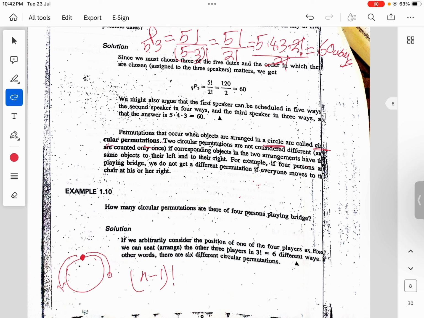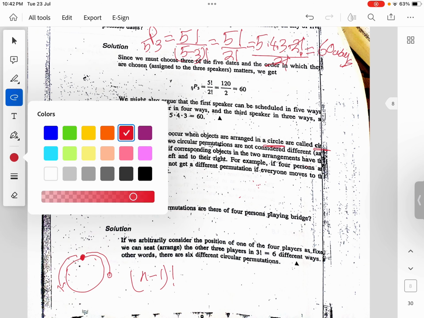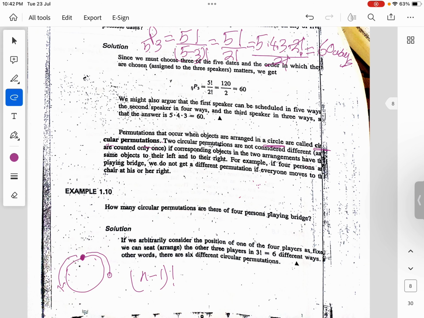It means if one person is in the middle of the circular table, you can count from the right or from the left. For example, if 4 persons are playing bridge, we don't get a different permutation if everyone moves to the chair at his or her right.